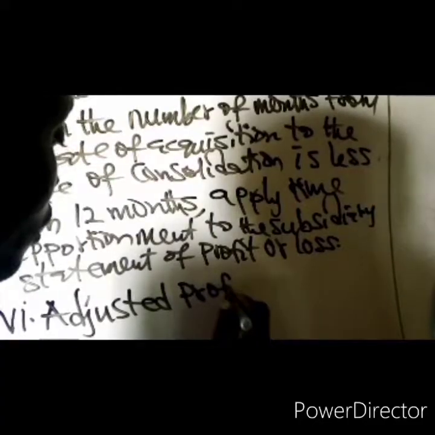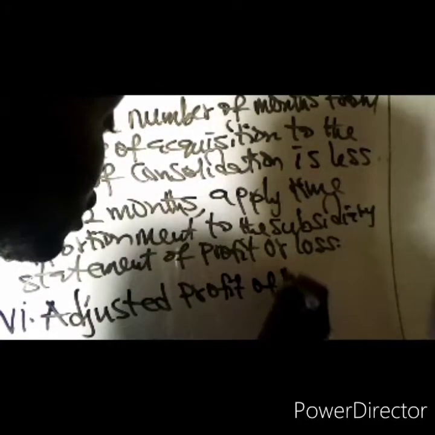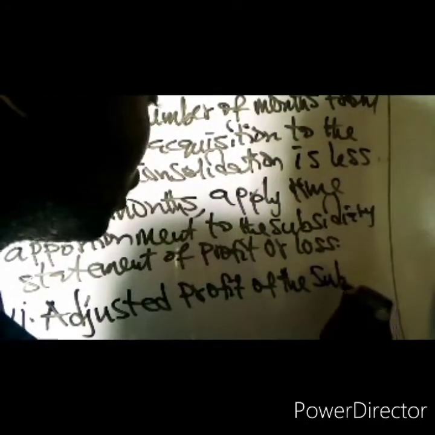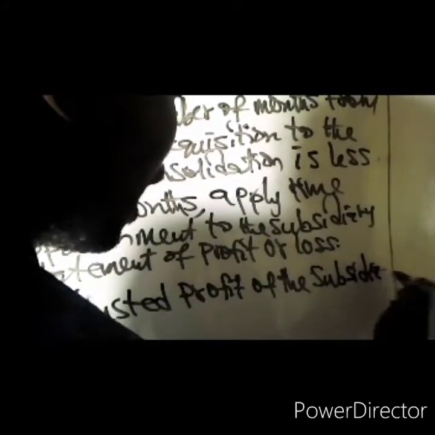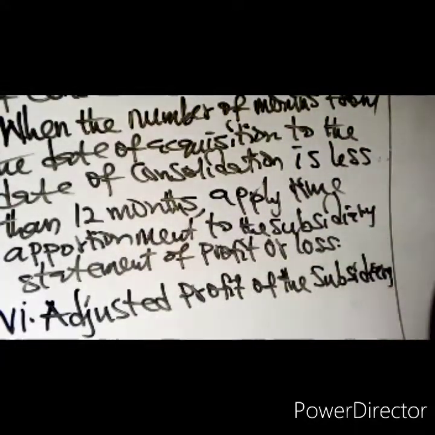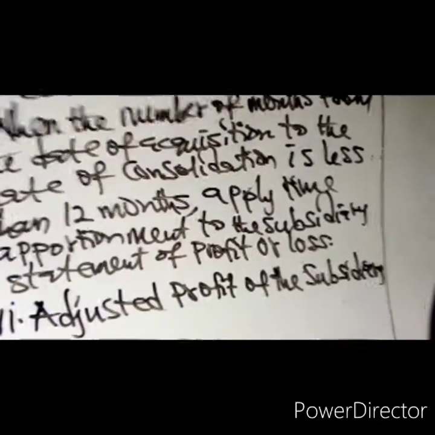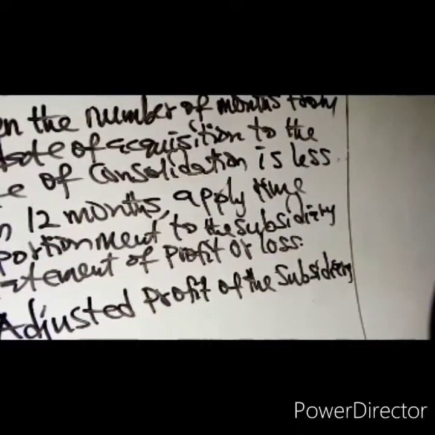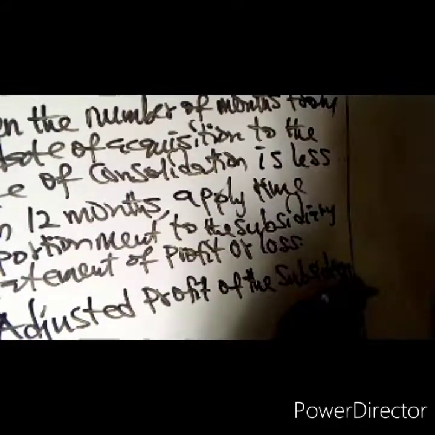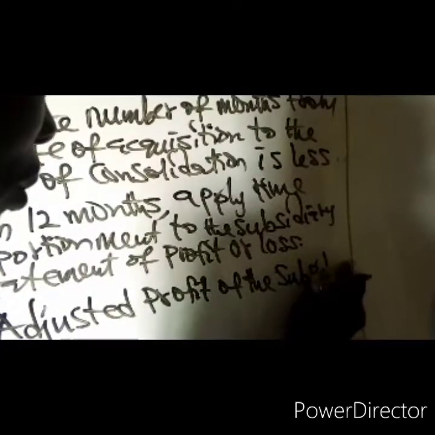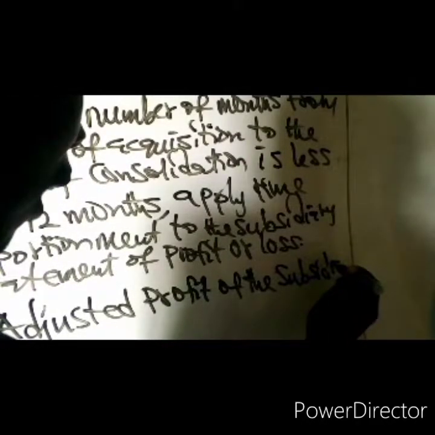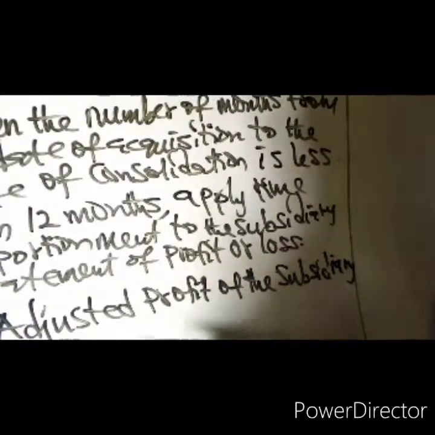You only need this for NCI. Adjusted profit of the subsidiary is needed for non-controlling interest calculation.